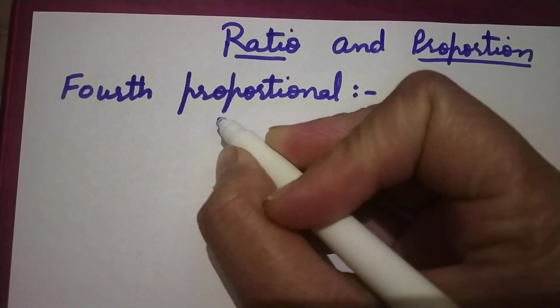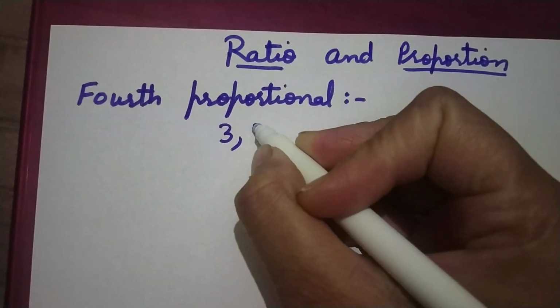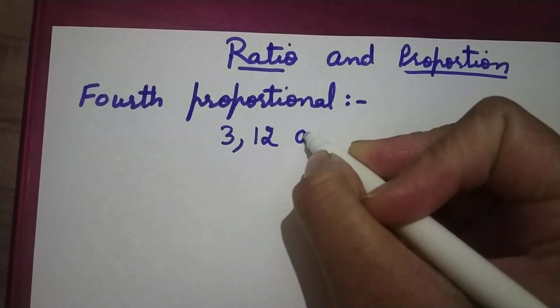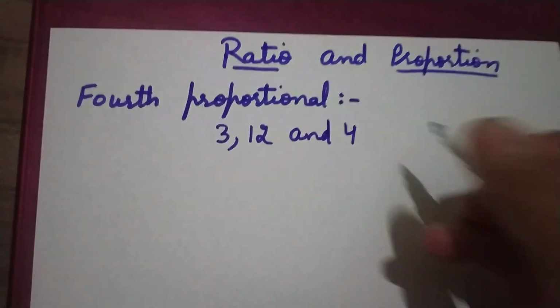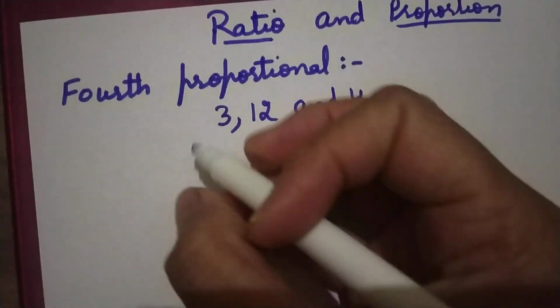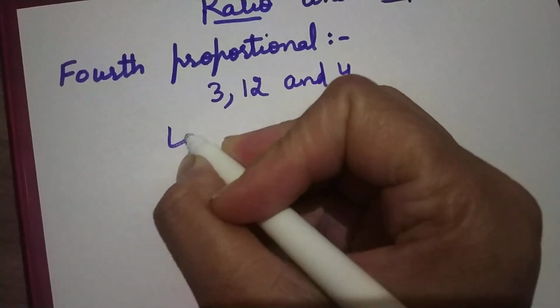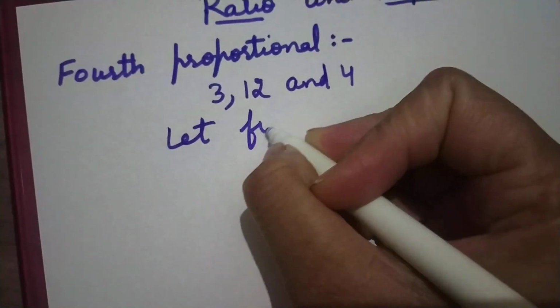Let us suppose that we have to find the fourth proportional for 3, 12 and 4. Let the fourth proportional be equal to x.